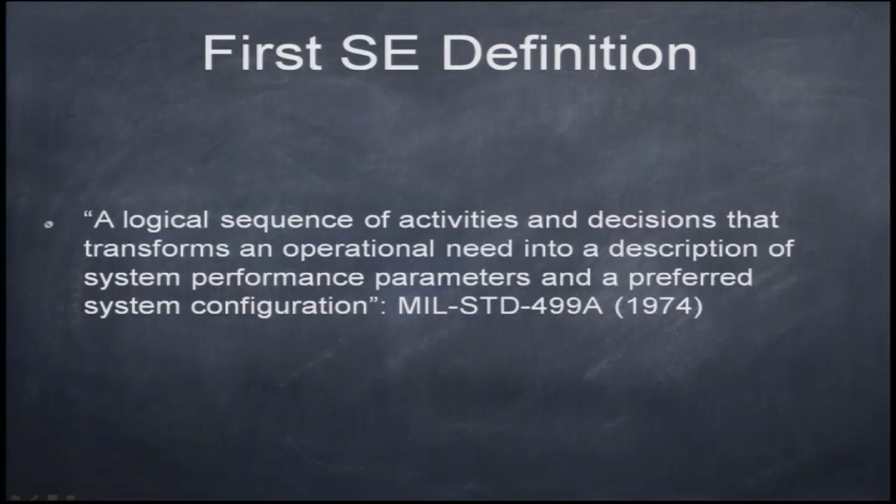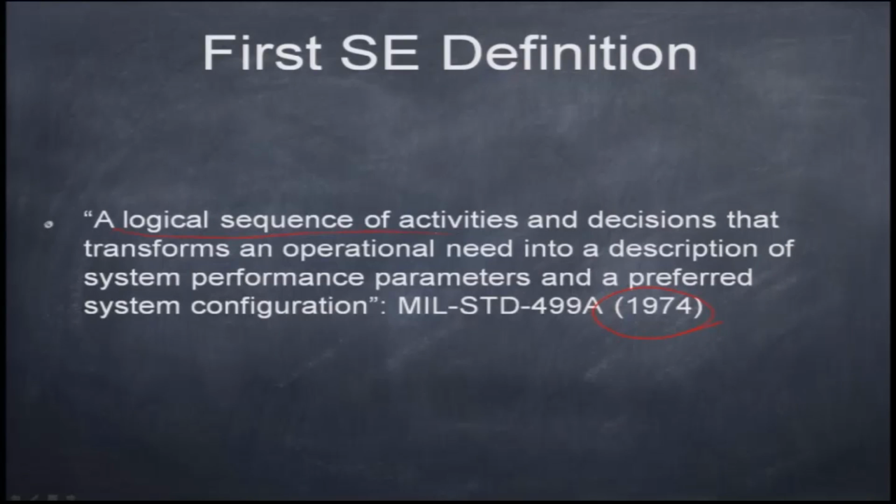You can see that it started in 1974. This is the military definition, MIL-STD-499A. It is no longer used, it is deprecated. People say that it is an outdated definition, but still this is where systems engineering began. So, the origins can be traced to the defense or military background, and the initial definition reads something like this: a logical sequence of activities and decisions that transform an operational need into a description of system performance parameters and a preferred system configuration.